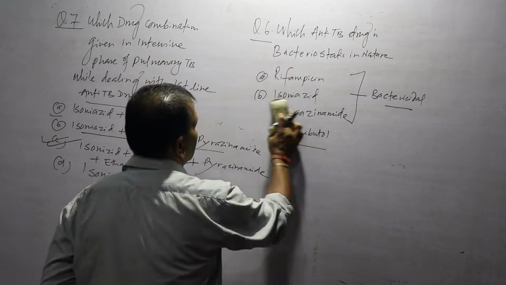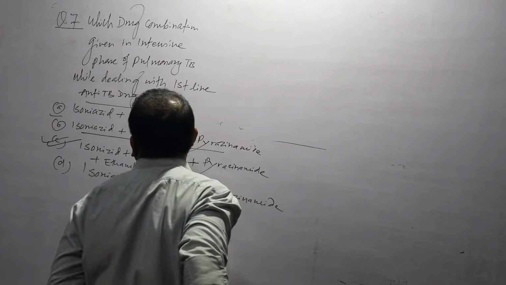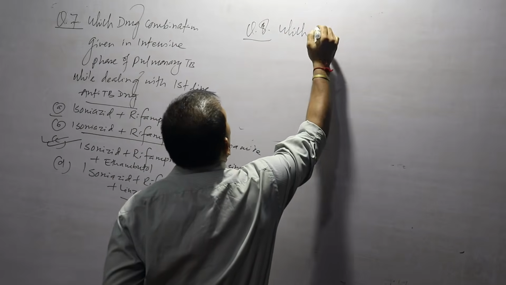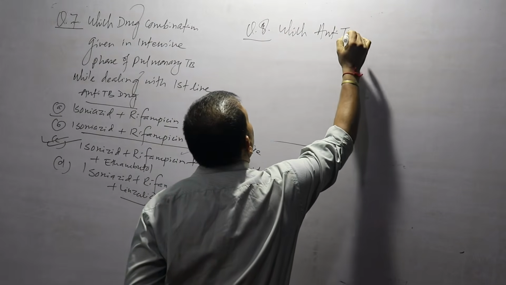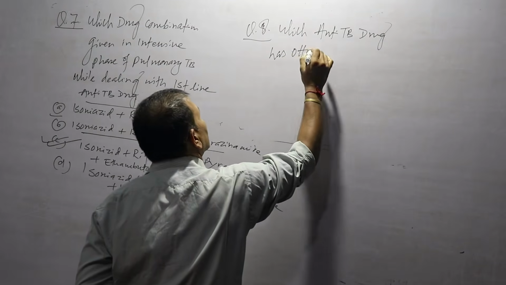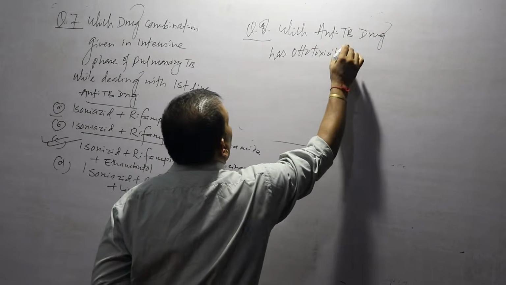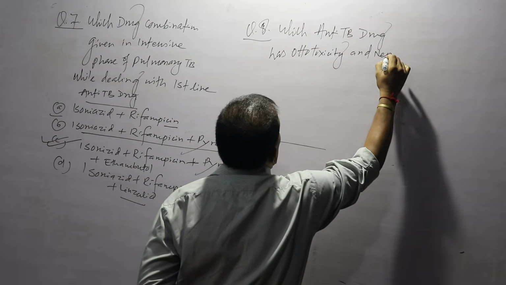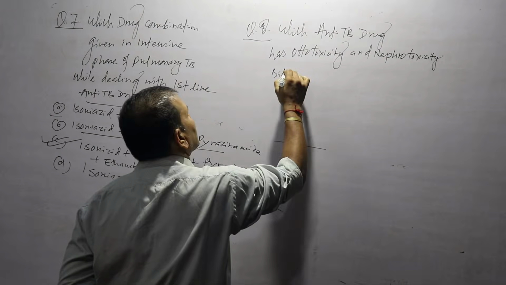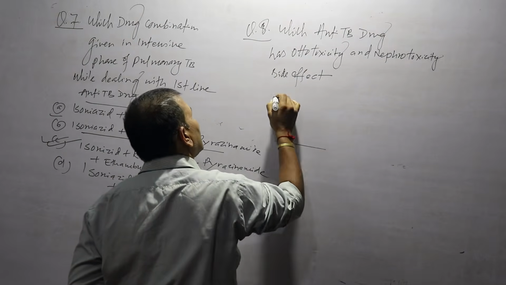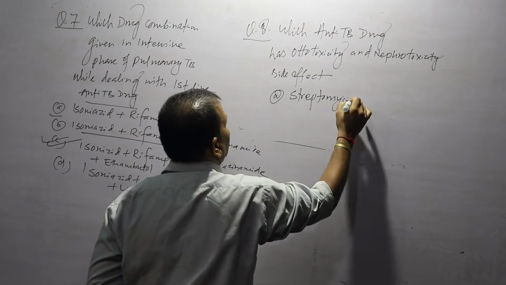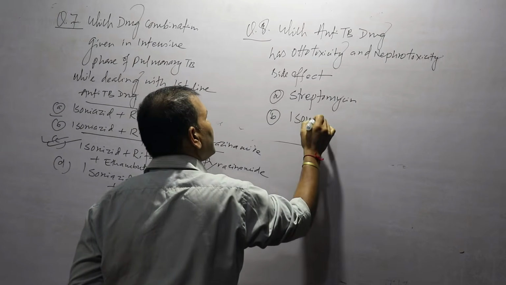Now the last one, question number 8. Which anti-TB drug has ototoxicity and nephrotoxicity side effects? Option A, streptomycin. B, isoniazid.